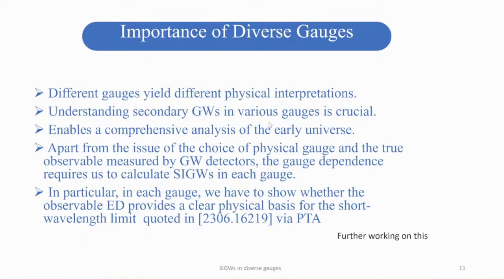Last but not least, in particular in each gauge, we have to show whether the observable energy density provides a clear physical basis for the short wavelength limit quoted in this recent paper. We are using pulsar timing array data. So further, we are working on this problem recently to address further scalar-induced gravitational waves.